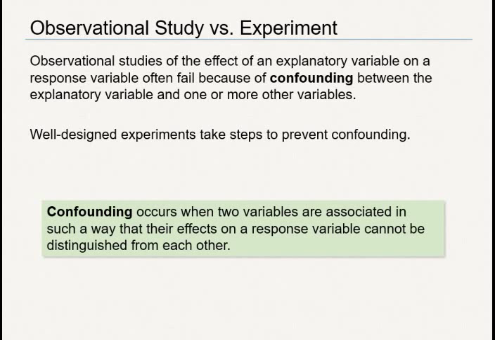So if you have a really good, well-designed experiment, you take that into account and you try to avoid or prevent confounding. So confounding occurs when you've got two variables, the explanatory variable and the response variable, just like we had before, but you can't tell if the response variable's change was due to the input variable.